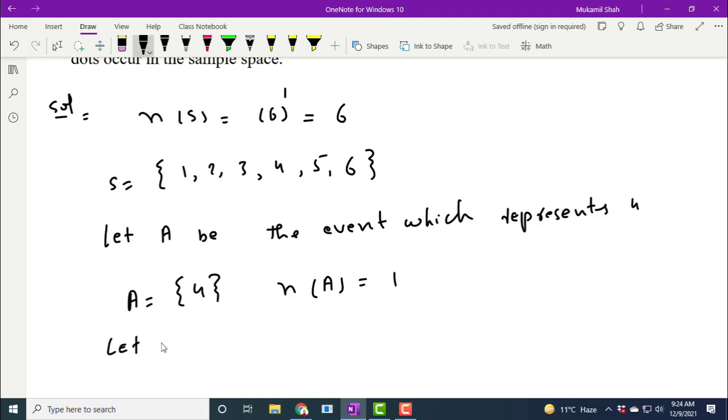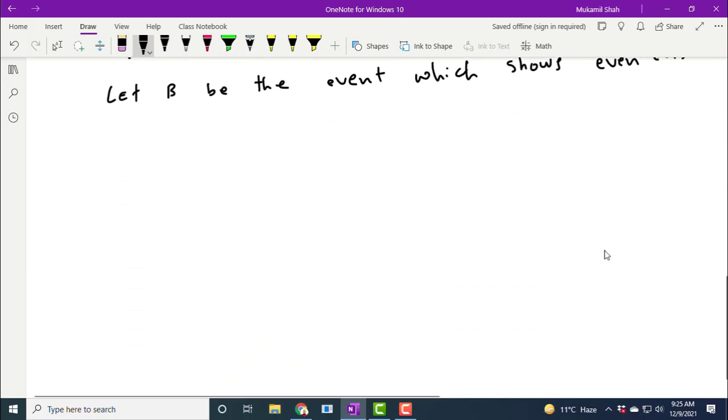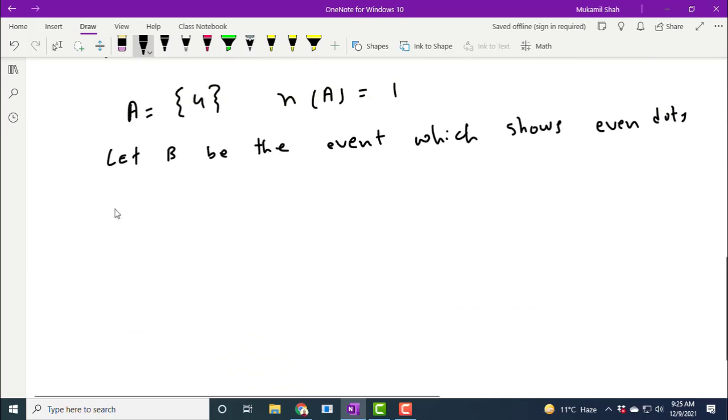Let B represent the condition. Let B be the event which shows even dots. So clearly B would account for 3 dots because 2, 4 and 6 are even dots only. The number of outcomes in B this time is equal to 3.